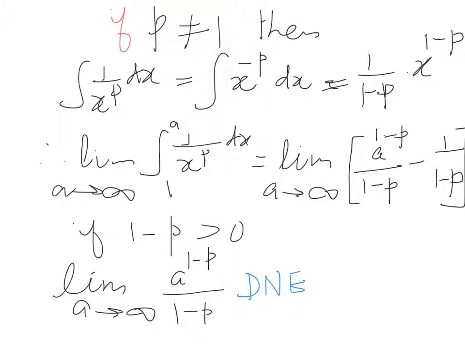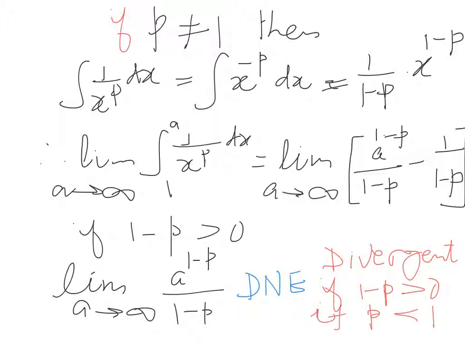Therefore, it is divergent if 1 minus p is greater than 0, that is, if p is less than 1.